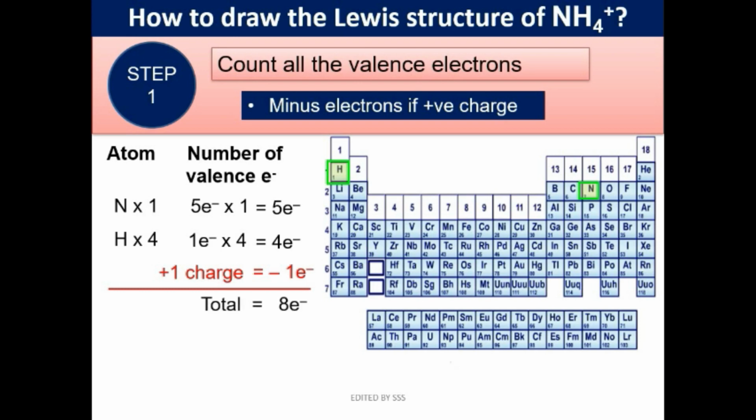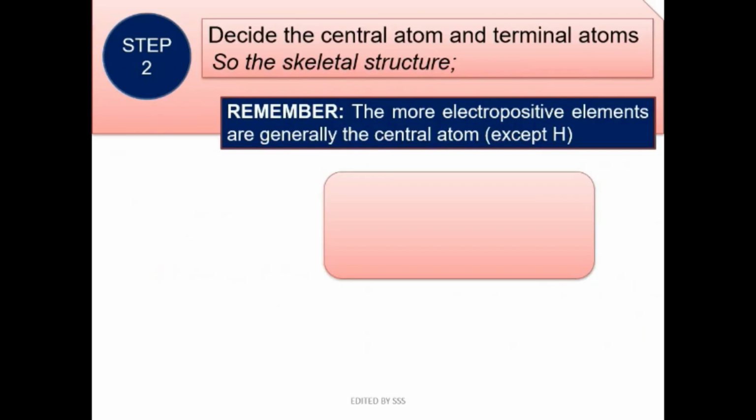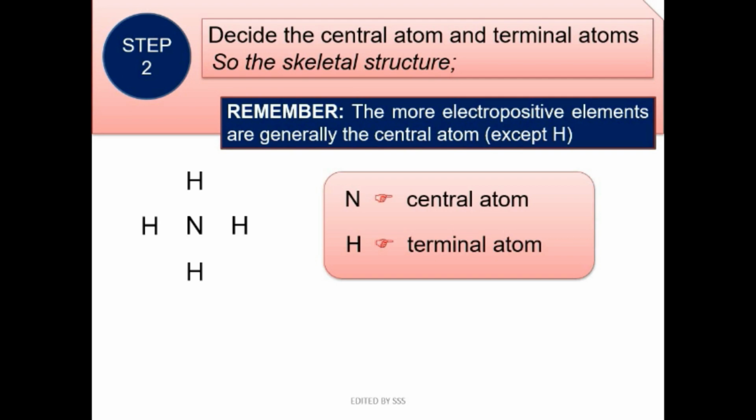Step 2. Decide the central atom and terminal atoms. Nitrogen is the central atom even though hydrogen is more electropositive than nitrogen. Hydrogen always is a terminal atom. Therefore, place nitrogen in the middle and hydrogen atoms around it.